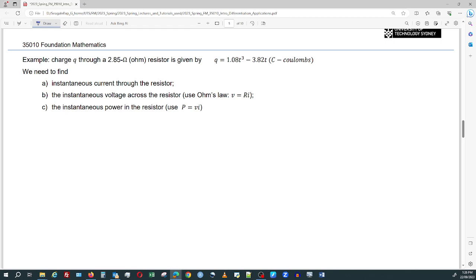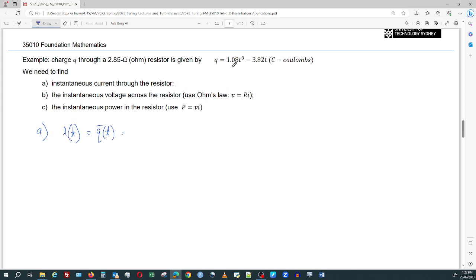So is it any surprise that the first part of the question says, tell us the instantaneous current through the resistor? Oh, they're related, aren't they? The differential of charge is in fact current. So we'll put that relationship at the top. The current can be defined as the differential of the charge.